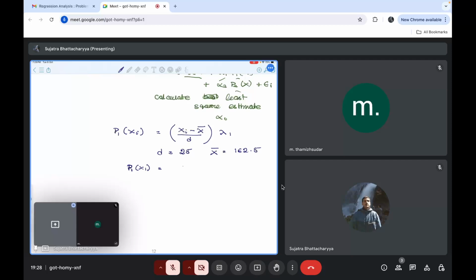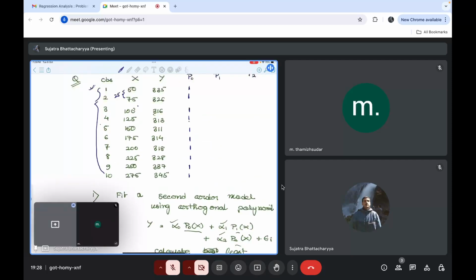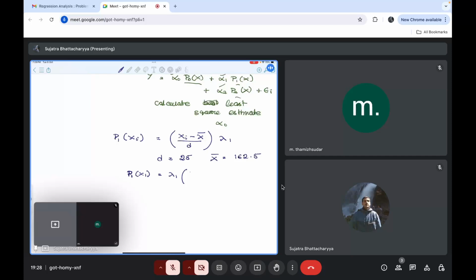What is x1? Let's keep lambda 1 for the time being. It is 50 minus 162.5, which is the x bar, divided by 25. It comes out to be minus 4.5.